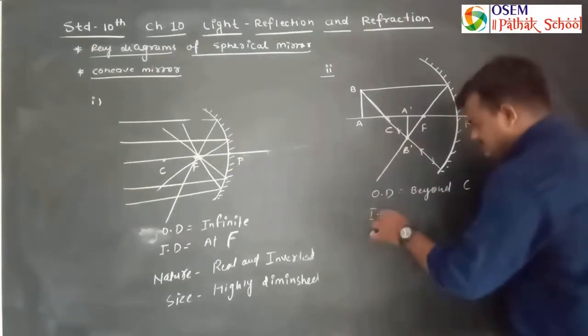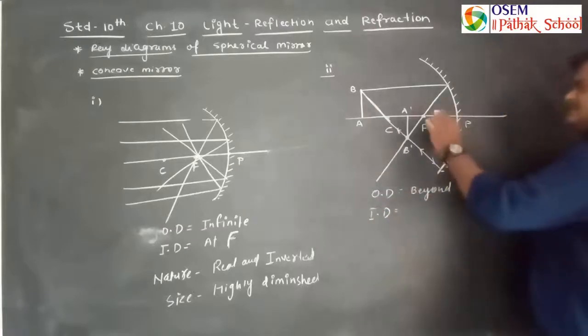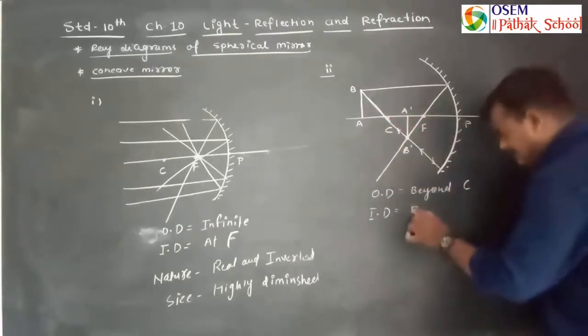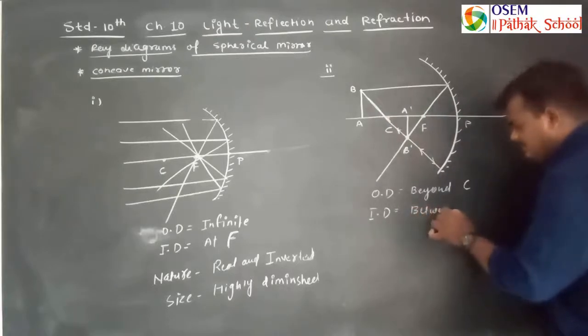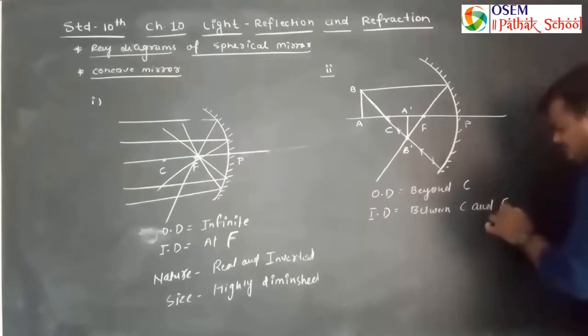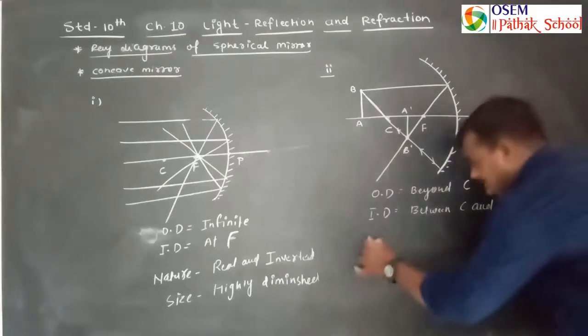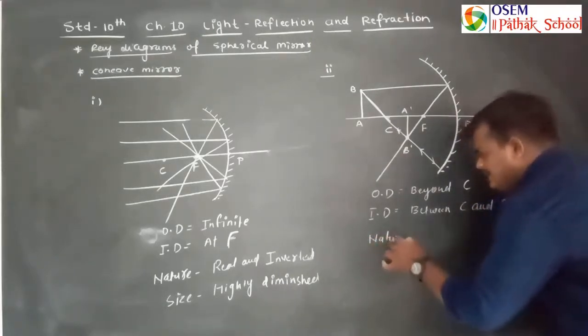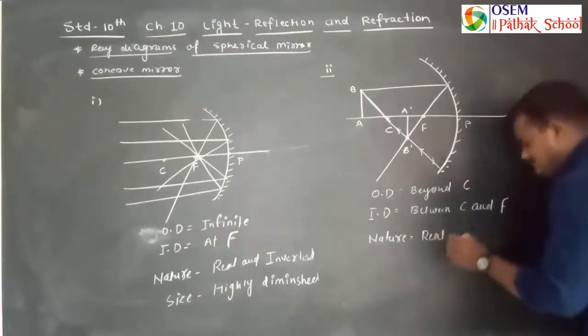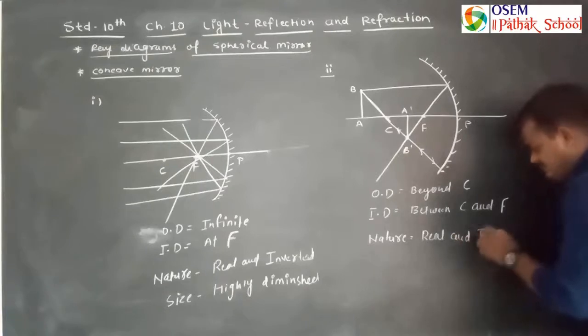Image distance, where image is formed between C and F. So here we can write image is formed between C and F. What about the nature? So nature of the image is real image is formed and it is inverted.